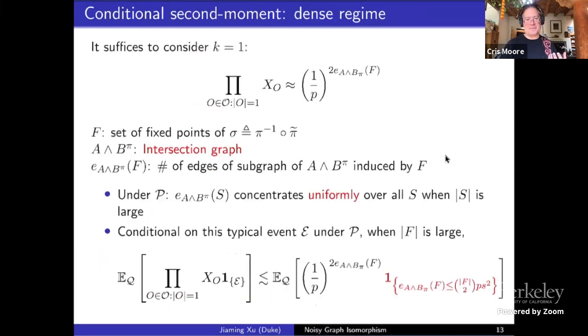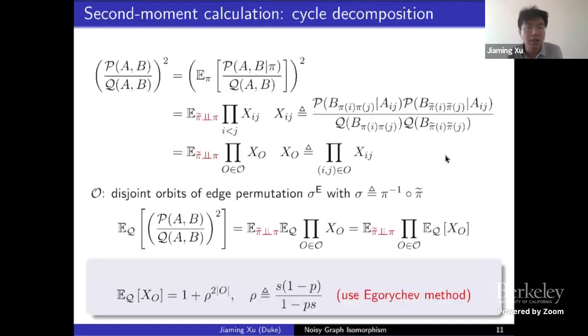Is that correct? Yes, I think that's more or less correct. So you're right. If you look at the square of the likelihood ratio, this just boils down to the expectation of the product of a bunch of contributions from orbits of different lengths.